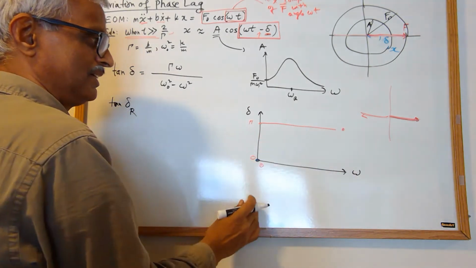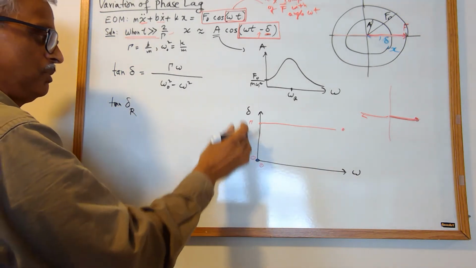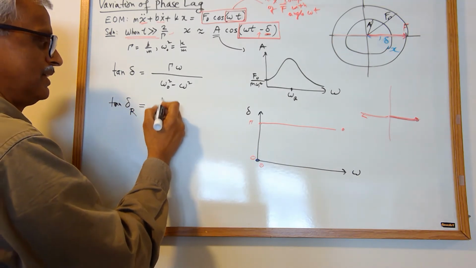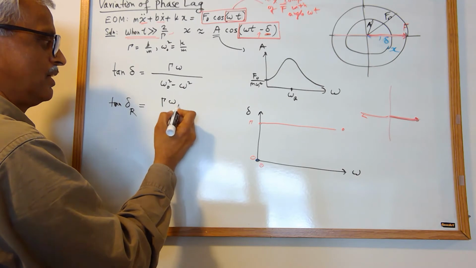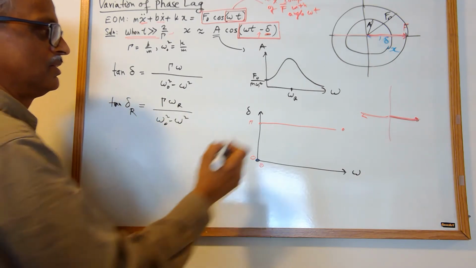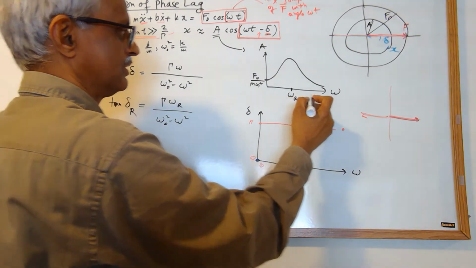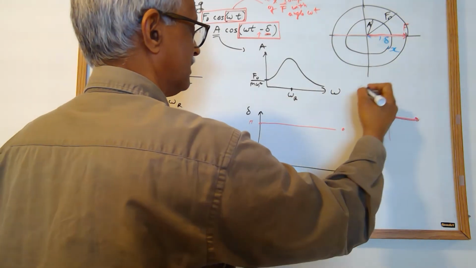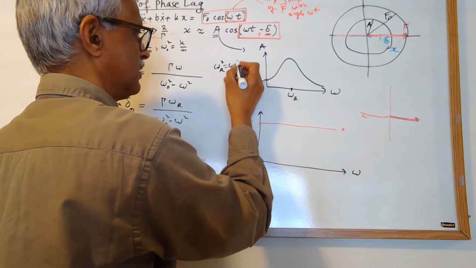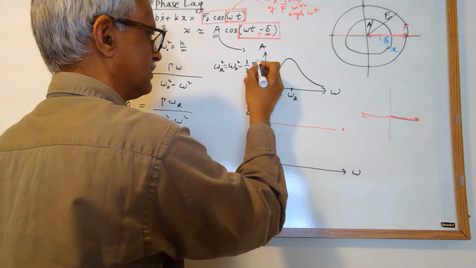We have 2 endpoints, so it's going to be between 0 and pi, and it gives gamma omega r over omega naught square minus omega r square. So if you remember, omega r square is omega naught square minus half gamma square.